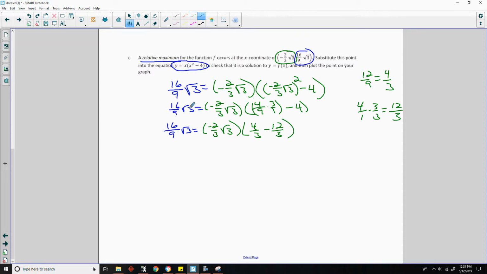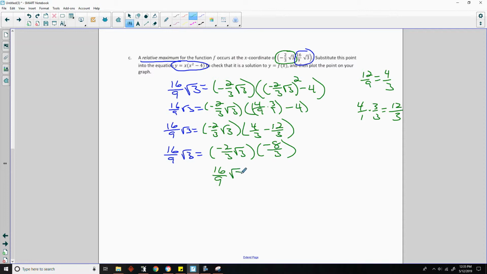Okay, so this is going to simplify to 16 over 9 square root 3 equals negative 2 over 3 square root 3 times 4 minus 12, which is negative 8/3. So when I multiply this, I get negative 2 times a negative 8 is positive 16. 3 times 3 is 9.